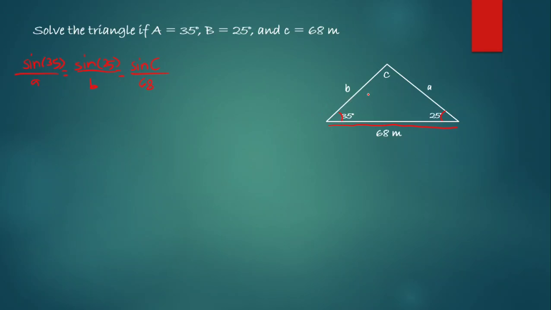So let's first solve for angle C. 35 plus 25 equals 60. 180 minus 60 equals 120. So angle C equals 120 degrees.